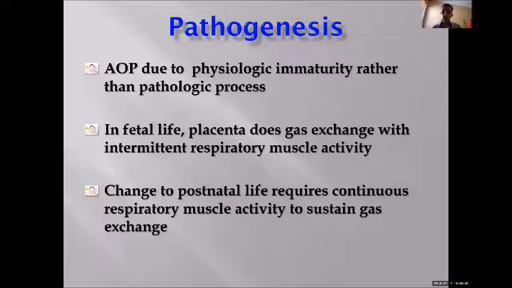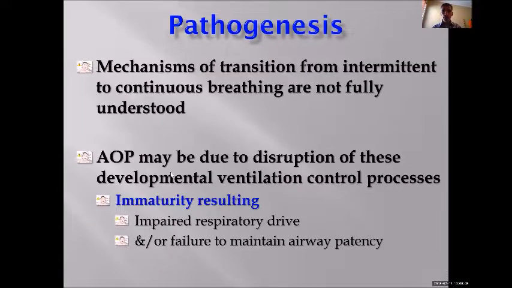There should be a switch from intrauterine to extrauterine, from an intermittent breathing pattern to a continuous breathing pattern. We don't know what caused this switch. So if that switch does not happen, then you get apnea of prematurity. Again, we don't know the reason why this switch is not happening.